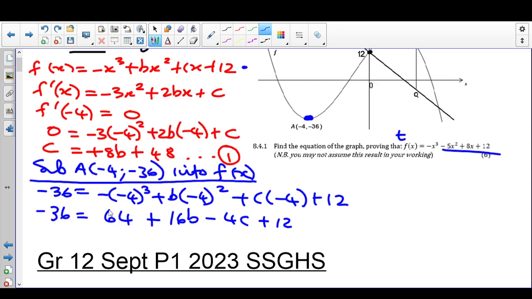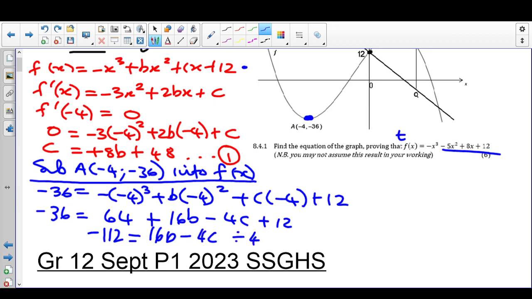So now you have negative 36 minus 64 minus 12, which is negative 112, equal to 16b minus 4c.